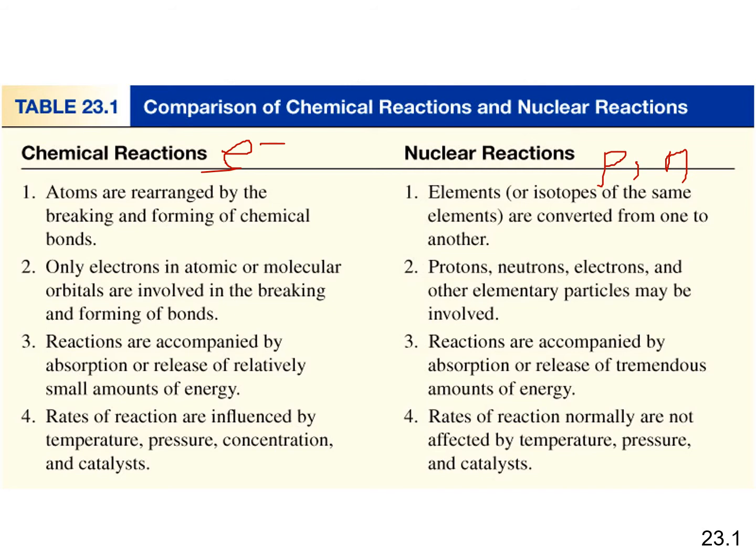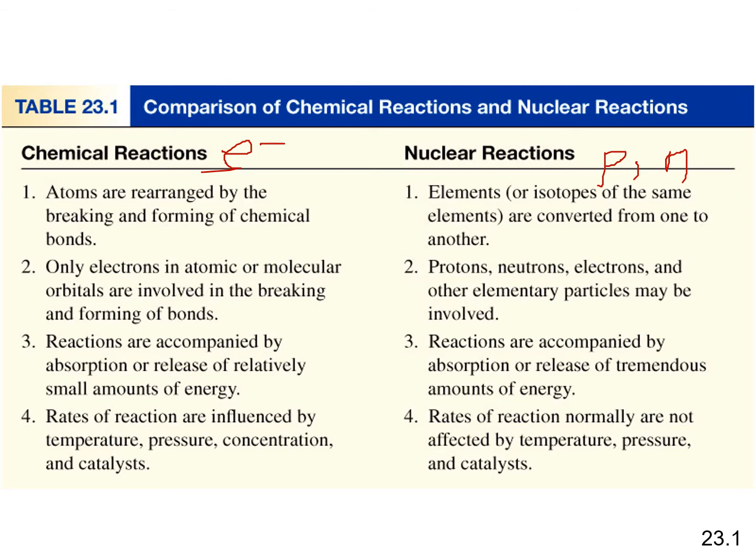But in nuclear reactions, elements or isotopes of the same element are converted from one to another. So in nuclear reaction, there is a transmutation, meaning the transformation from one element to another. But for the common chemical reaction, there's no transmutation. You still have the same kind of atoms because only electrons are involved. Only electrons in atomic or molecular orbitals are involved in the breaking and forming of the bonds.